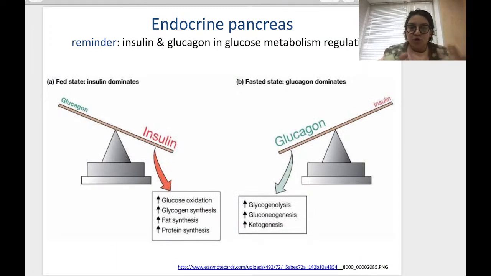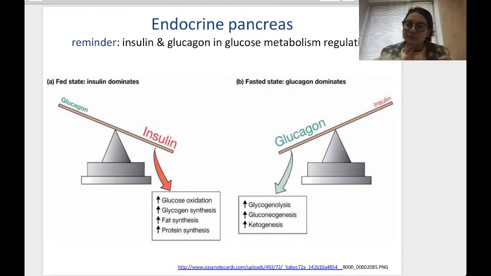As I told, the two main metabolic hormones are insulin and glucagon, and their balance and changes regulate different types of metabolism. Through what processes? Insulin's effects are increasing glucose oxidation, increasing glycogen synthesis, increasing fat synthesis, and increasing protein synthesis.